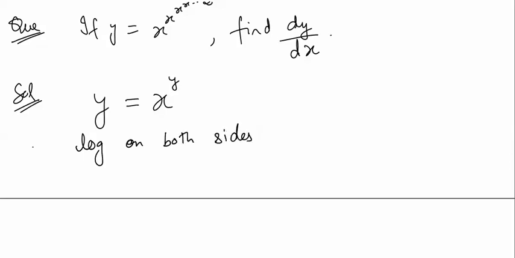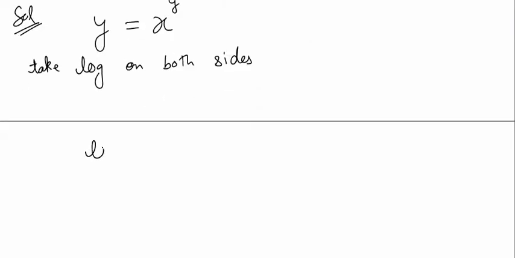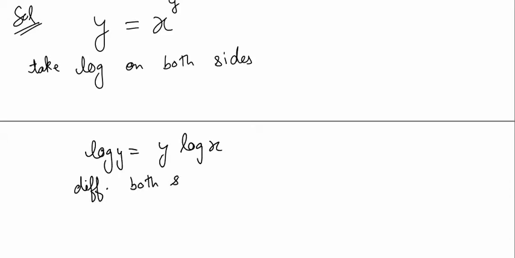Why I'm telling you is, it will help us. How? Let us understand. Taking log, it will become log y is equal to y log x, right? Differentiating both sides with respect to x, so it will become what?